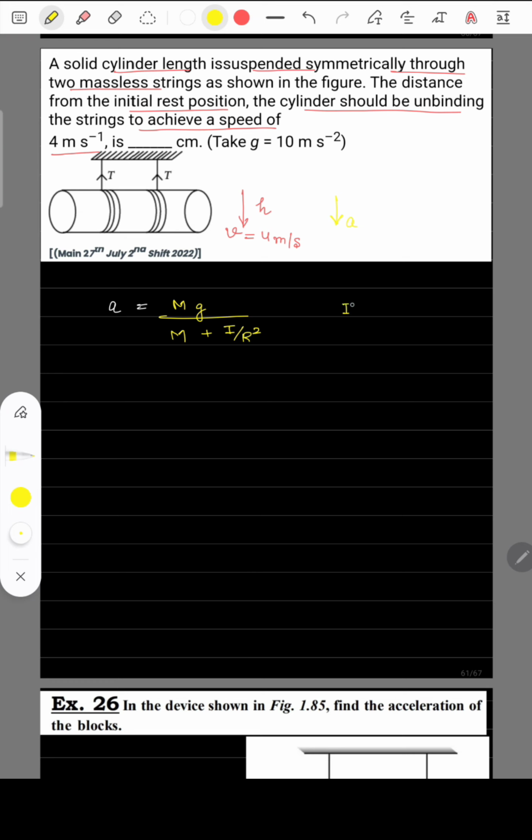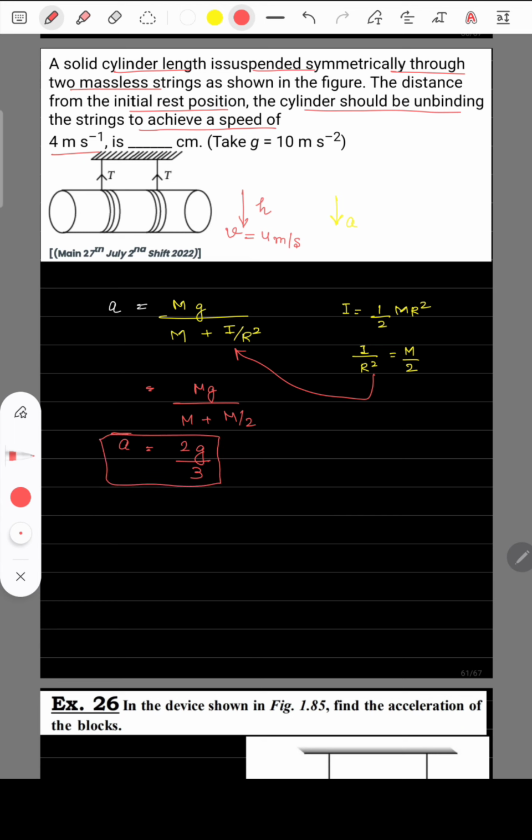For a solid cylinder, I is given by half m r square. So I by r square is nothing but m by 2. Putting this term here, we get mg upon m plus m by 2. Solving this, we get acceleration equal to 2g by 3. This is the acceleration we get.